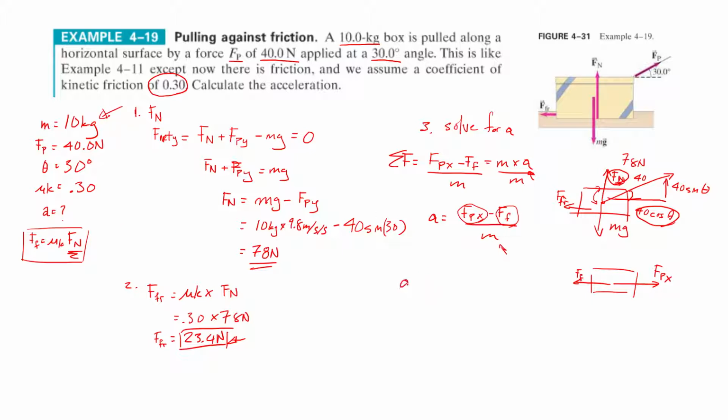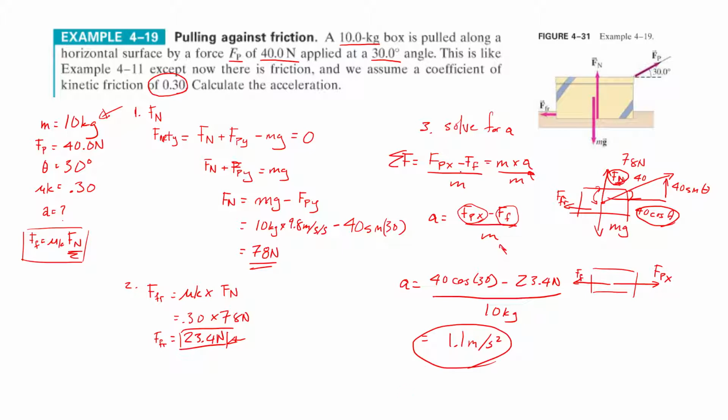So acceleration is equal to 40 cosine 30 minus 23.4 newtons, divided by 10 kilograms. If you put all of that in, you should end up with 1.1 meters per second squared.